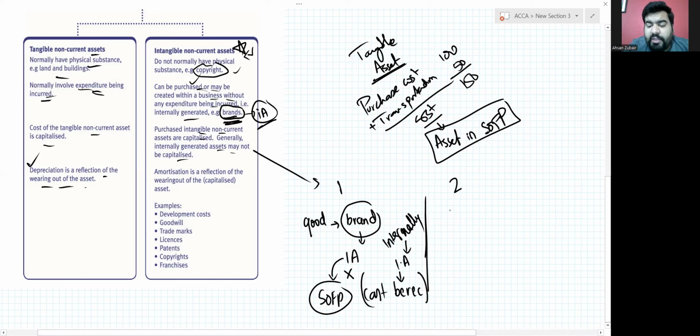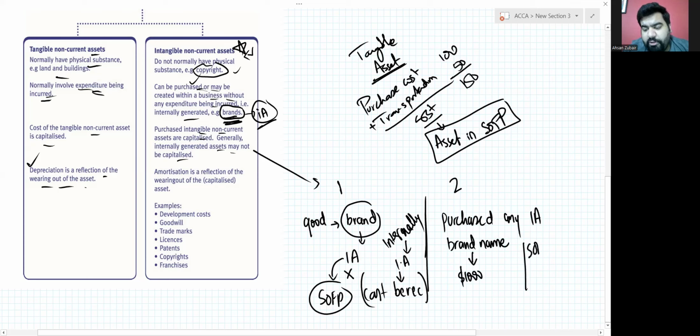But on the other hand, if we have purchased any intangible asset, for example, we have purchased the brand name for $1,000, now we can write in SOFP that we have an intangible asset of $1,000.